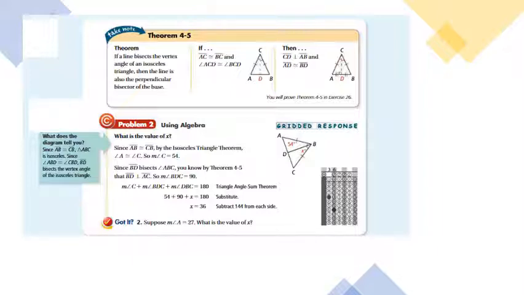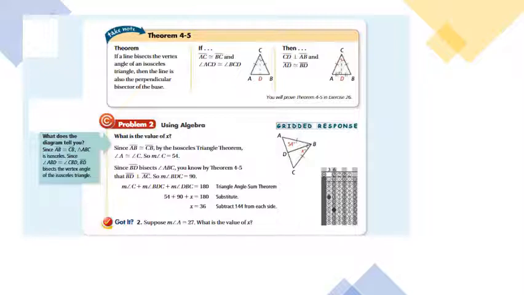Then you can understand that CD is perpendicular to AB, and the segment AD is congruent to DB. Of course, if the bisector bisects the angle into two equal parts, then it will also bisect the side into two equal parts. Okay?